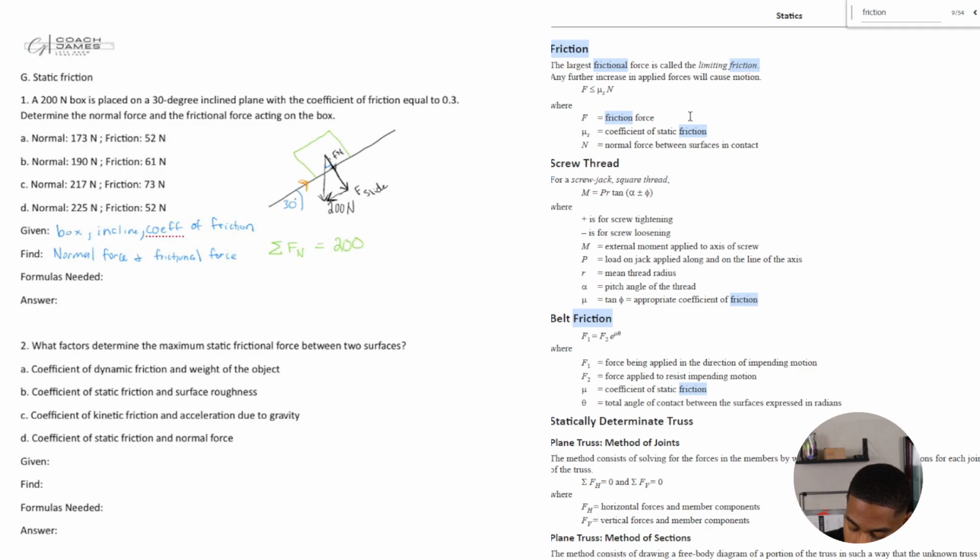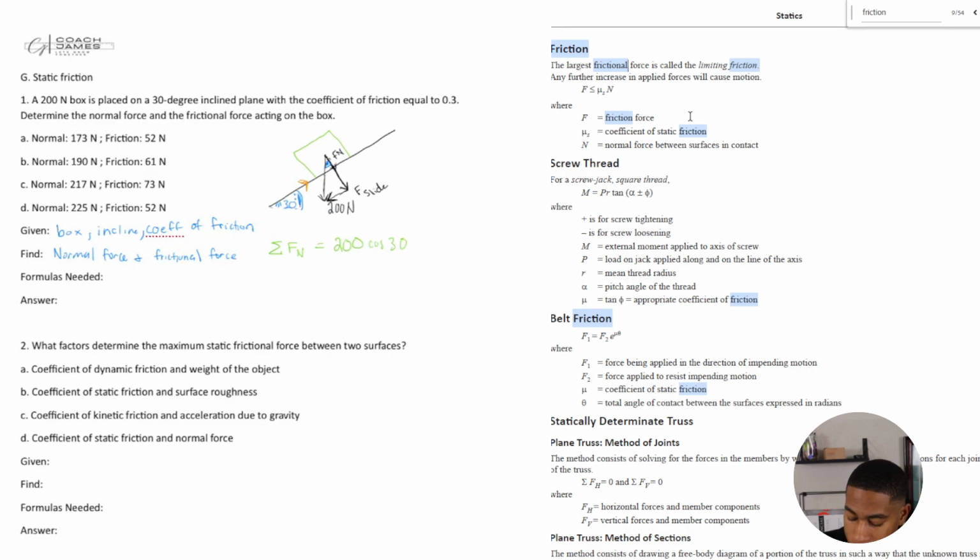What's this angle? This is kind of acting as the hypotenuse of this triangle. So this angle here and this angle here are going to be equal, based off parallel axes. So I know that it's going to be 200 cosine of 30 to be my force normal.